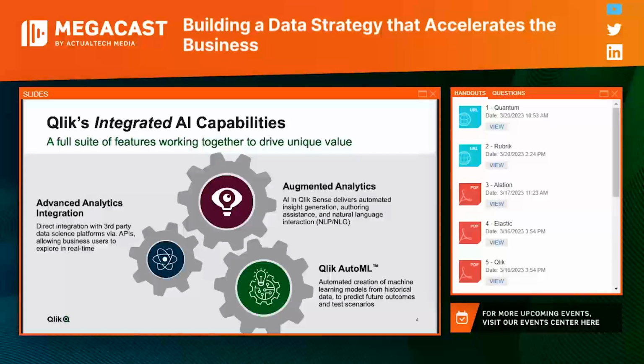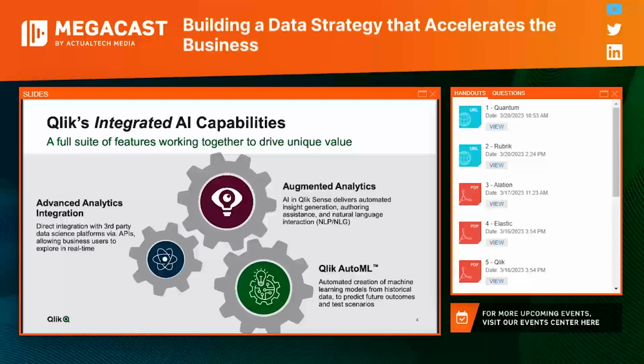We also bring in advanced analytics integration, which allows you to integrate any third-party data science directly into our Click dashboard. So it's about this ability to really use AI and ML to surface capabilities across the entire life cycle.